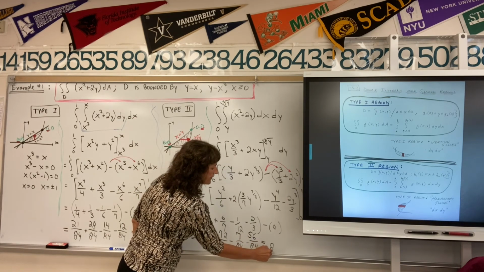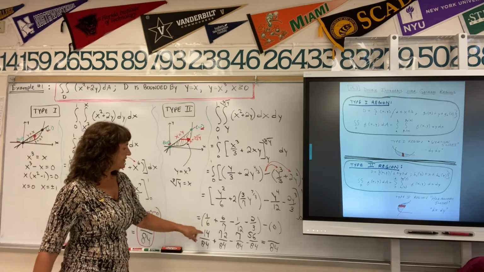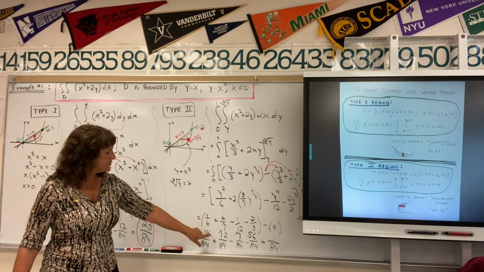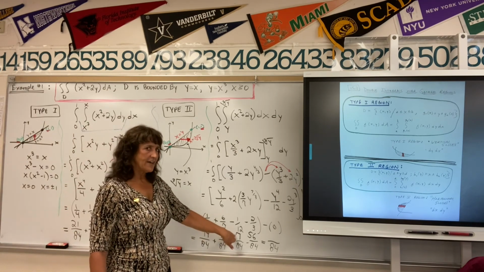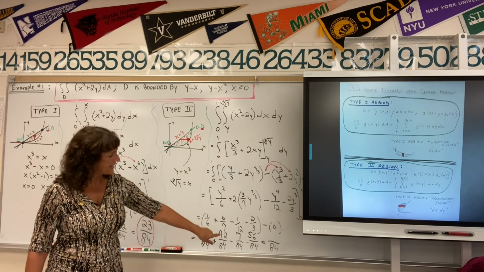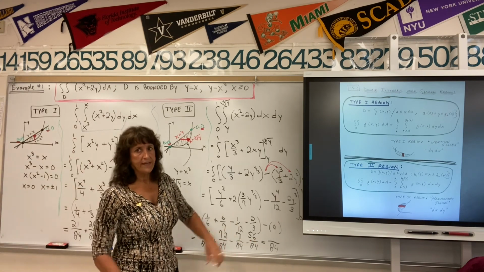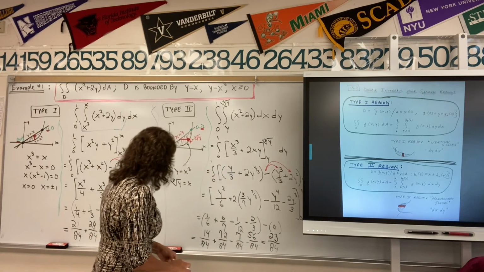So you keep your denominator, and when we combine these numerators, 14 plus 72 is going to be 86, okay? Take away 7 from 86, and you're at 79, and 79 minus 56, 23. Okay, so 23.